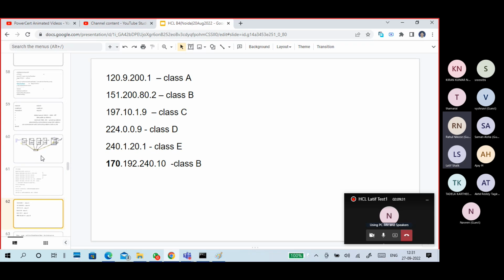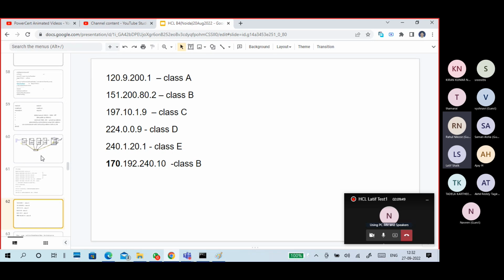Okay guys, to identify an IP address by its class, you can take any example, check the first octet only, and cross-verify the range with the table.